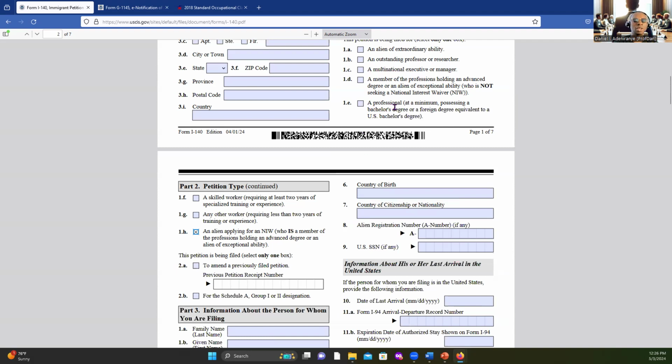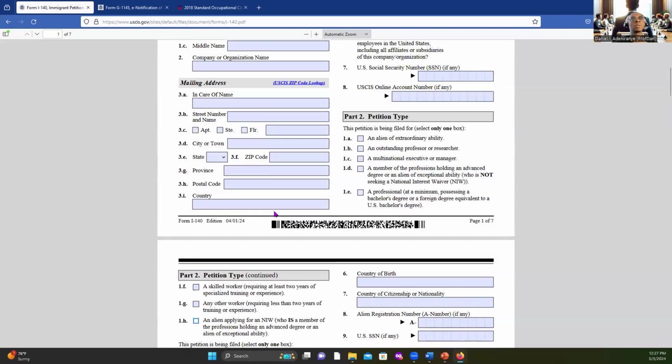1A says a professional at a minimum possessing a bachelor's degree or a foreign degree equivalent to a US bachelor's degree. So the person that chose this actually had only a bachelor's degree plus 5 years of work experience. And so the person felt it should be 1E, even though it's under the national interest waiver. That is not true. It should still be 1H. Note, not 1E.